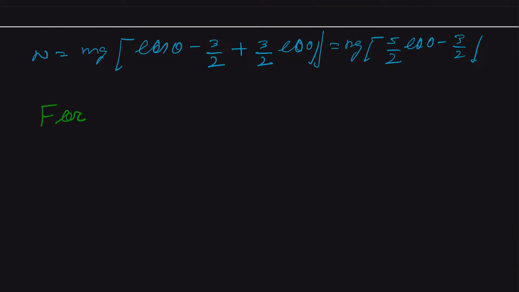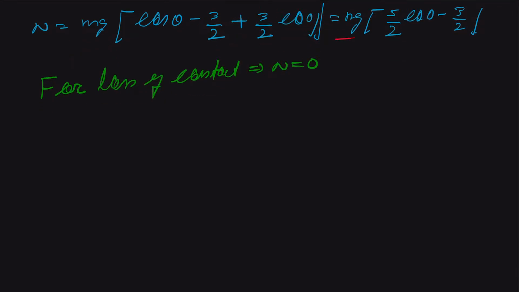For loss of contact, we know that our value of N is equal to 0. Therefore mg cannot be equal to 0. Therefore we can say that 5/2 cos of theta minus 3/2 is equal to 0.